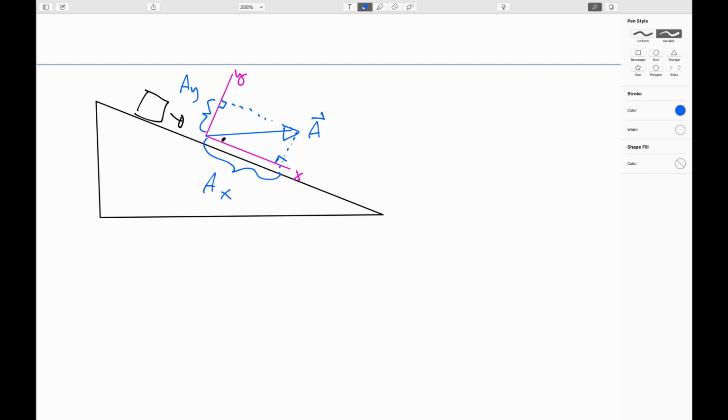Now, in a quirk of notation, a lot of physics texts will also say in these special cases, instead of referring to it as a sub x, they might call it a parallel, and this as a perpendicular. So a parallel means the axis that's parallel to the special surface we're worried about, and perpendicular means the axis that's perpendicular to the special axis that we're concerned about, which is probably usually x and y in that order, but doesn't have to be.